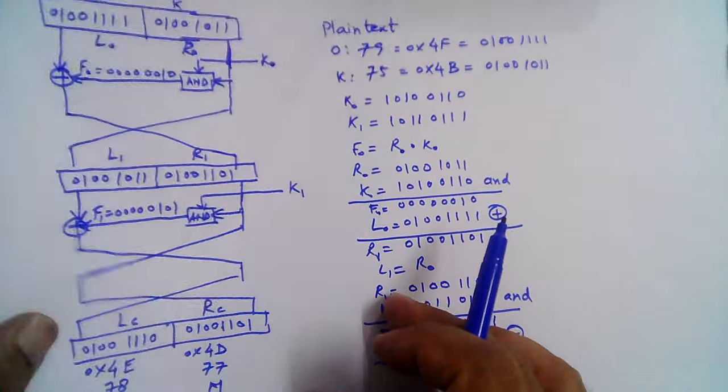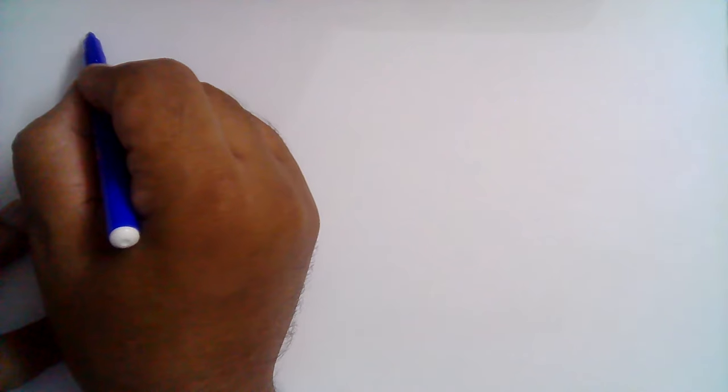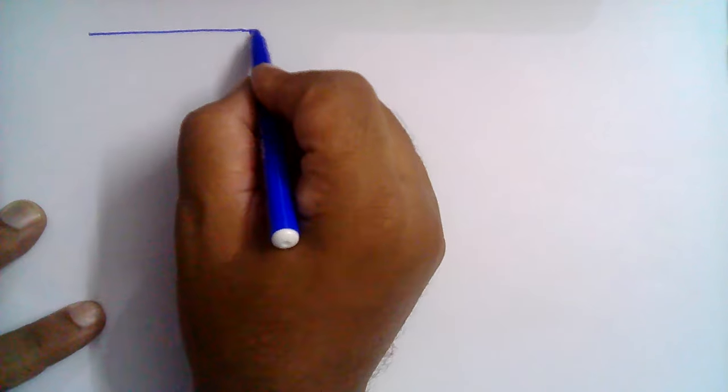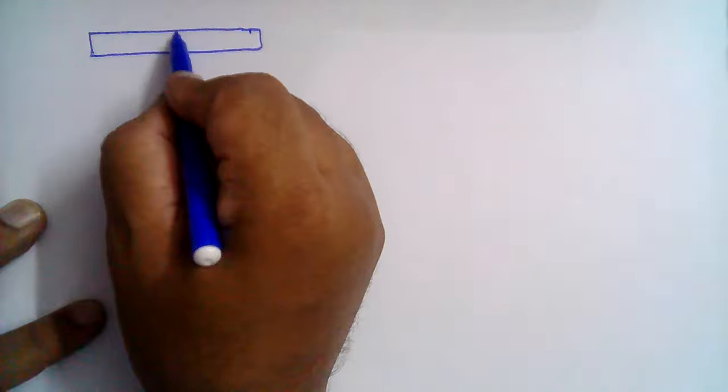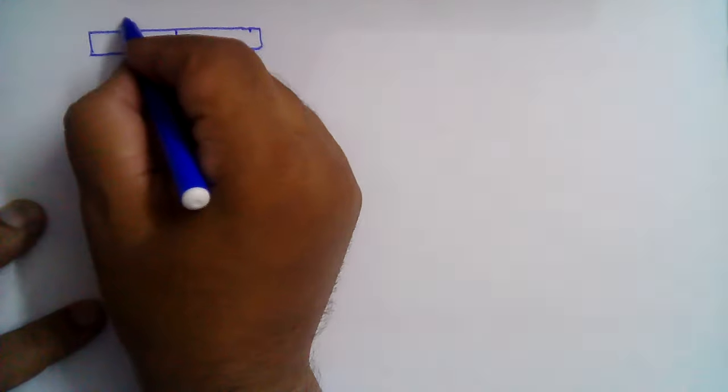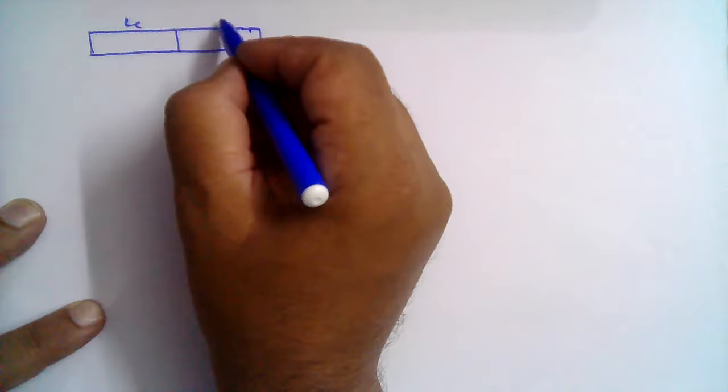So let's again consider the ciphertext, which is also divided into two parts. This is the left part of the ciphertext, and this is the right part.